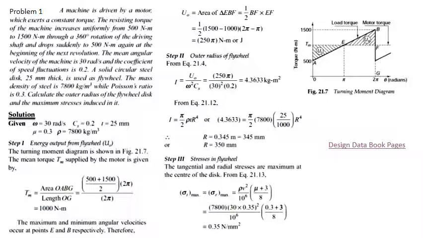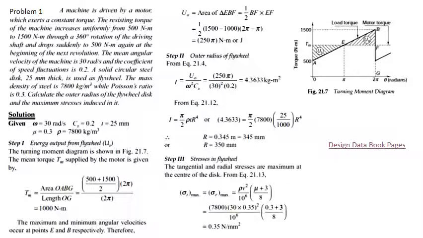Now coming to the third part, which is the stress induced in the flywheel. So again we go to the data book. Now the stress induced in the flywheel is given in table 25.8.